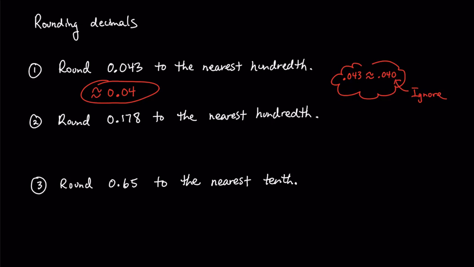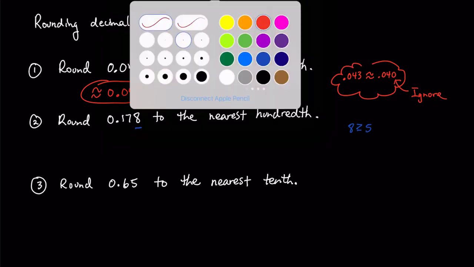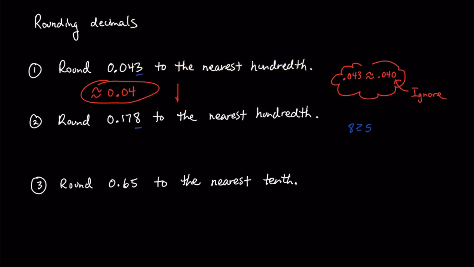Remember, the hundredth is the second decimal place. Just like in the first problem, you look in the thousandths place, and 8 is greater than or equal to 5. So this time we round up. In the first problem, we rounded down because 3 is less than 5.